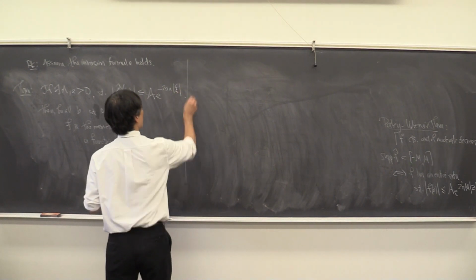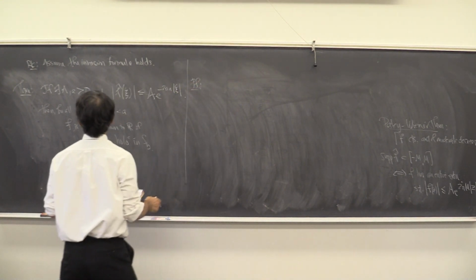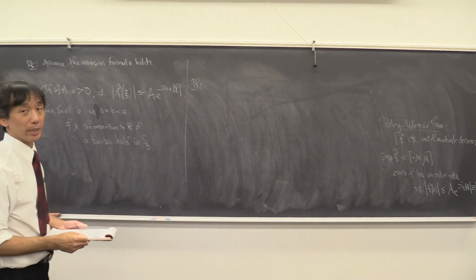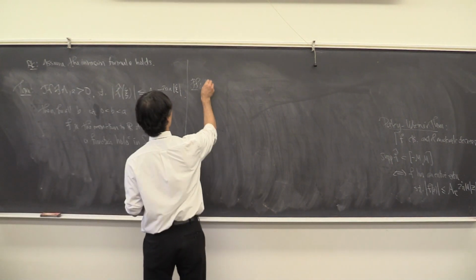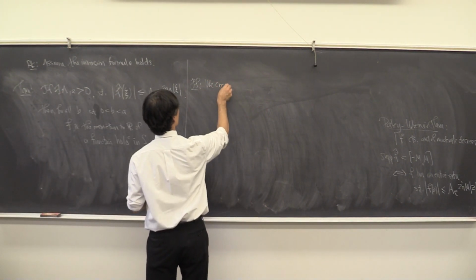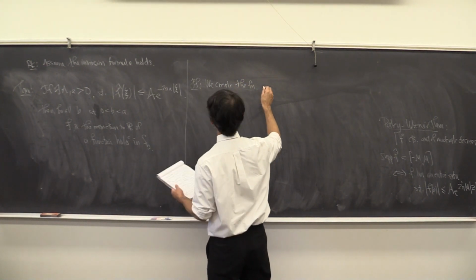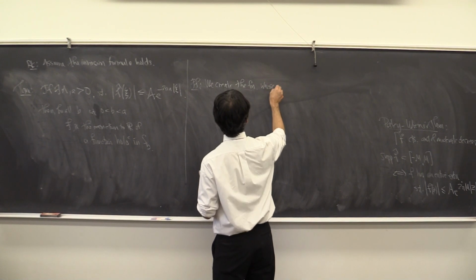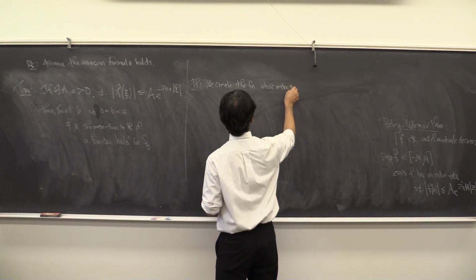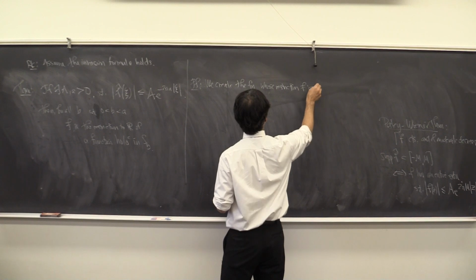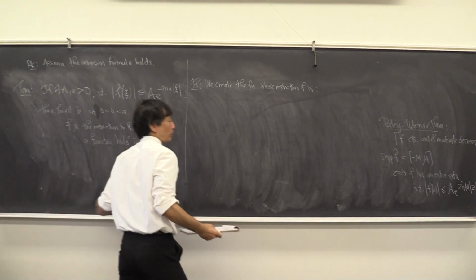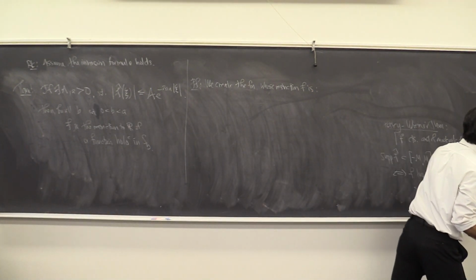So the proof is, well, we're just going to make the extension. We create the function whose restriction is f, and we do it using the inversion formula.